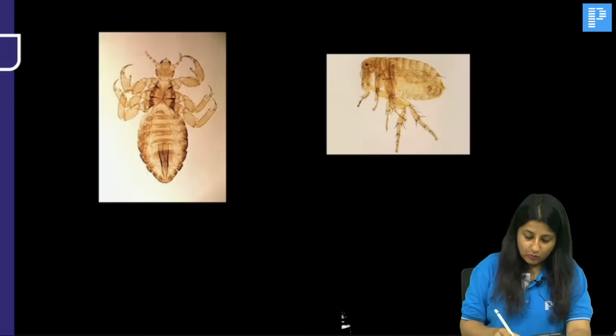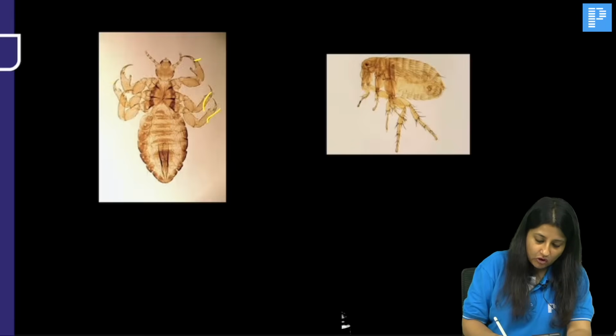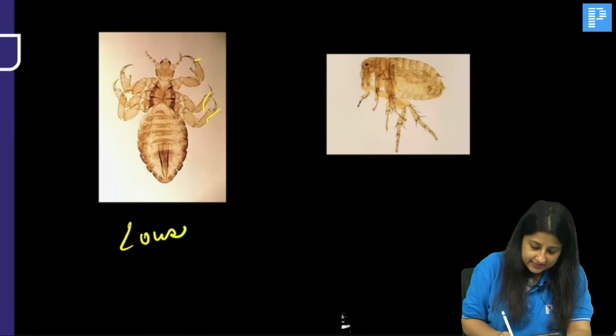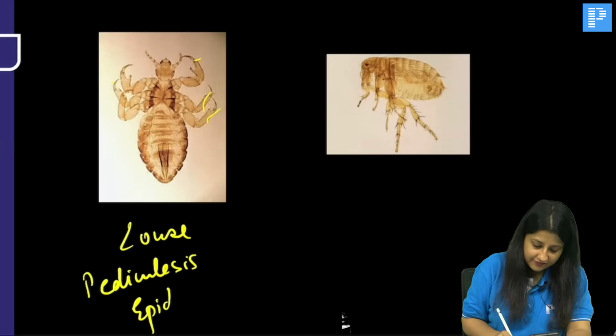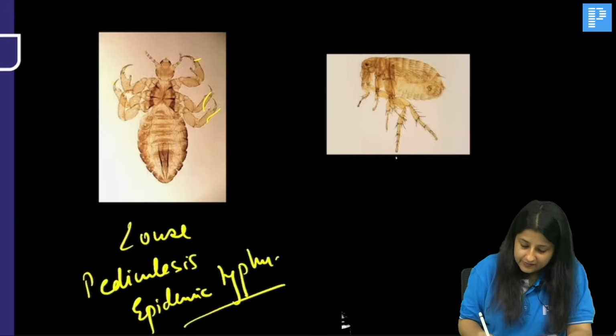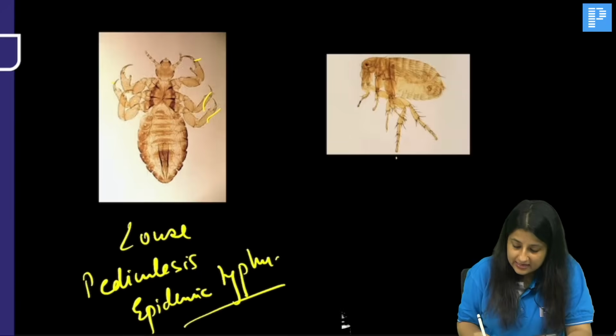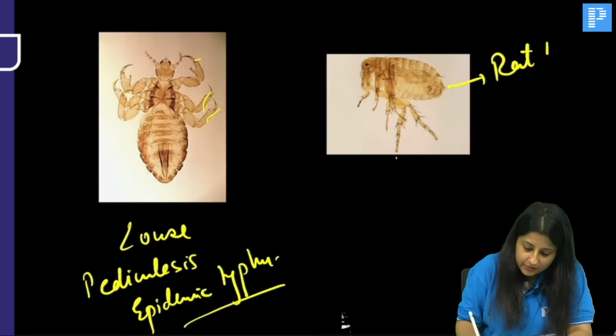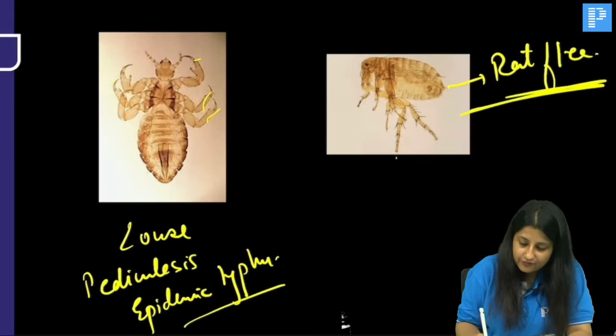What about this one? Dorsoventrically flattened body. This one, big claws it has. This is louse. Very important for pediculosis, epidemic typhus. It transmits Rickettsia prowazekii. These hairy bristles on the legs, this is rat flea. Now what is the name of this?